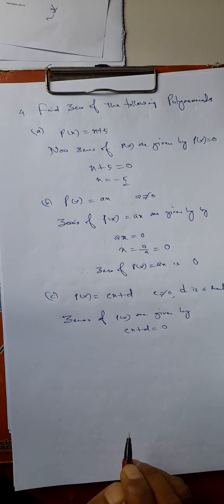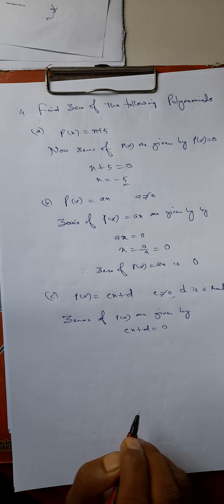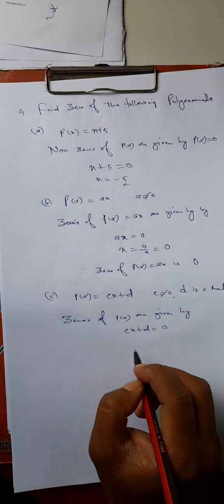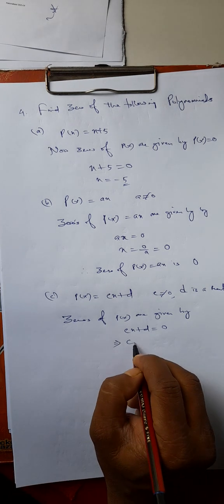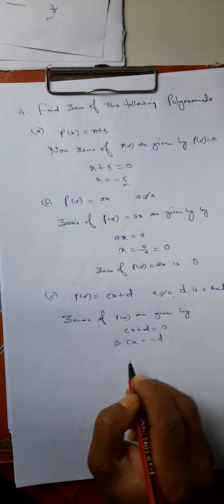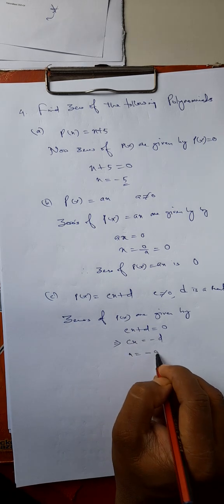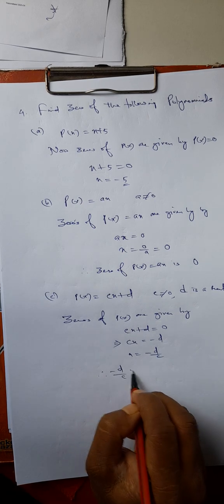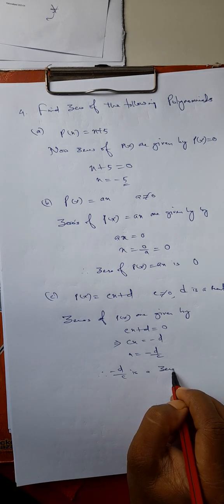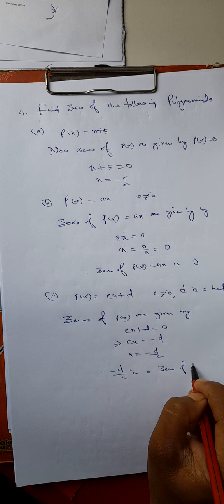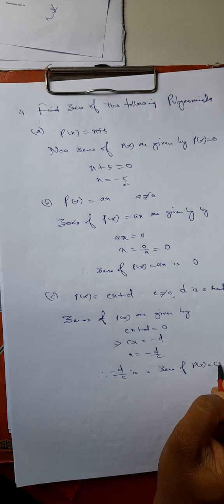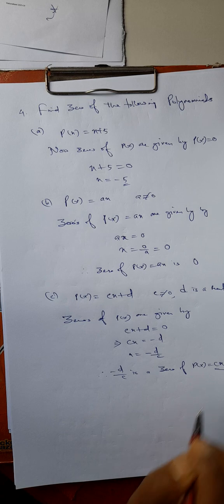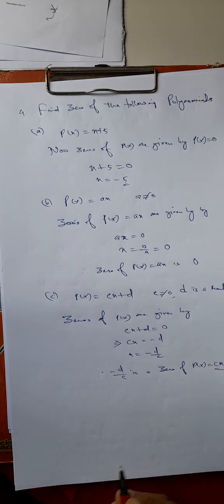To find the zeros of the polynomial, you treat the polynomial as an equation with right hand side 0. Then solve this equation. This implies cx equal to minus d, x equal to minus d by c. Therefore minus d by c is a zero of P(x) equal to cx plus d, right? This is how we can find zeros of the polynomial.